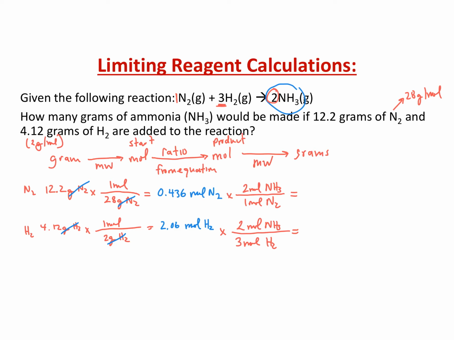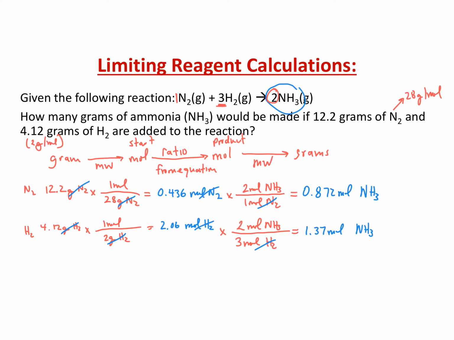So in my dimensional analysis, moles of nitrogen cancel, moles of hydrogen cancel, and from the nitrogen, I could produce 0.872 moles of ammonia. From the hydrogen, I would produce approximately 1.37 moles of ammonia.